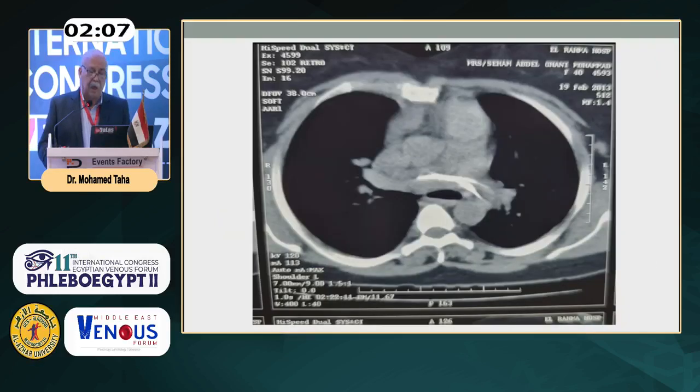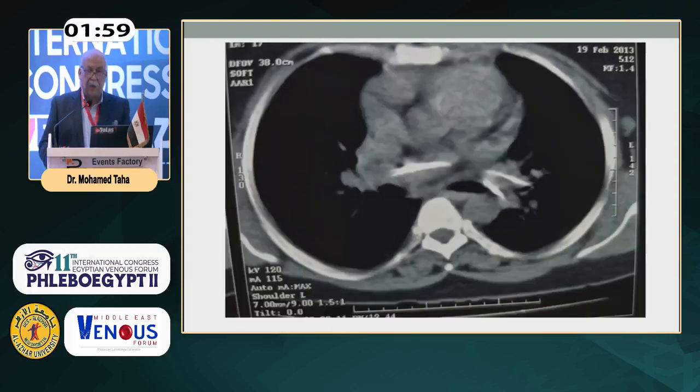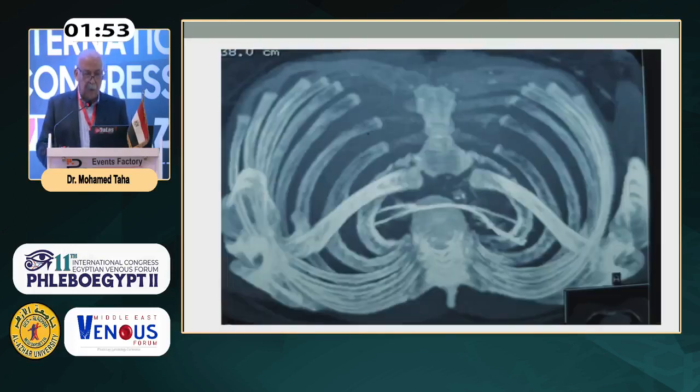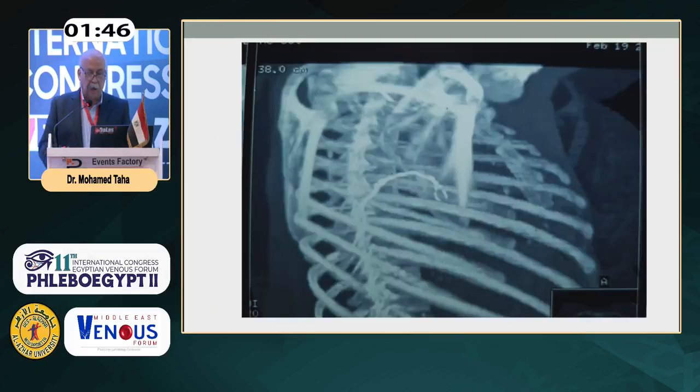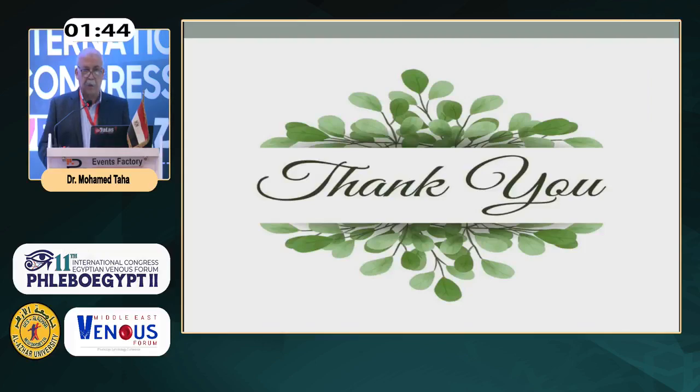This is the mediastinal window. We see also the guide wire in the right pulmonary and left pulmonary artery. This is the CT 3D reconstruction. You see the guide wire. Thank you very much.